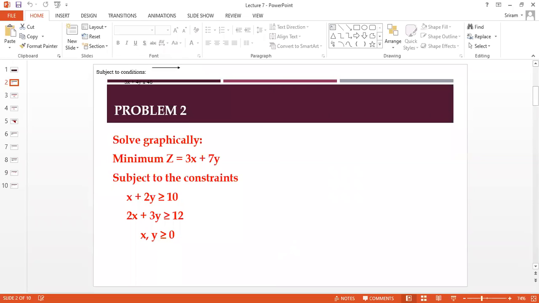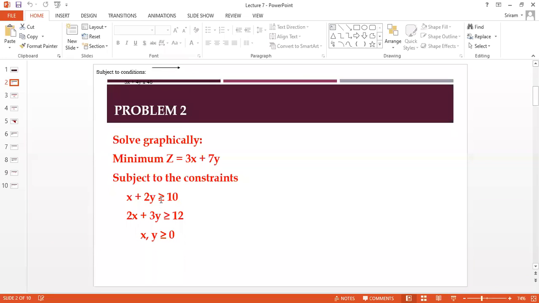This is the problem we are going to discuss today. Do you remember what we discussed in the last class? When solving graphically, we take the constraints.